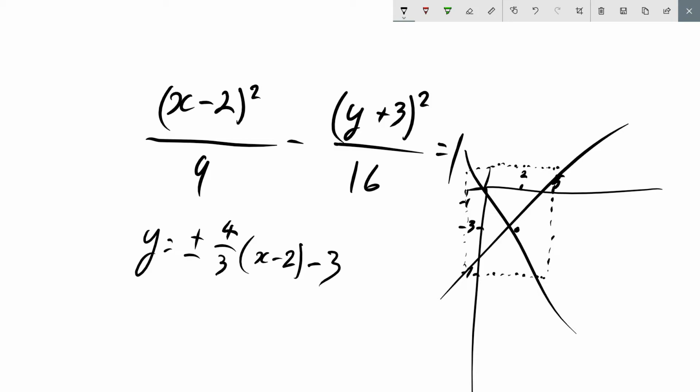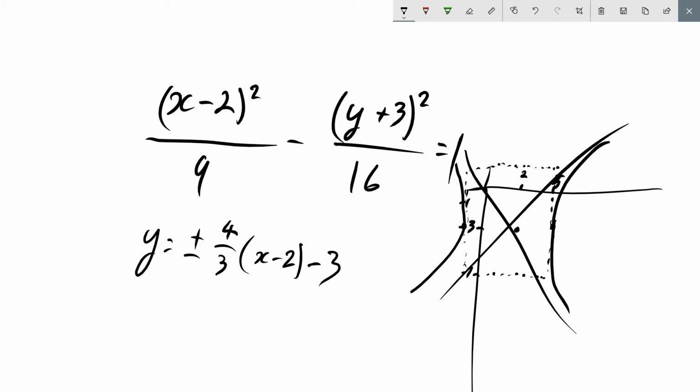You can just think same value in the x brackets here, opposite value for the y bracket here. Now we can get our vertex and we can sketch our hyperbola with great accuracy.